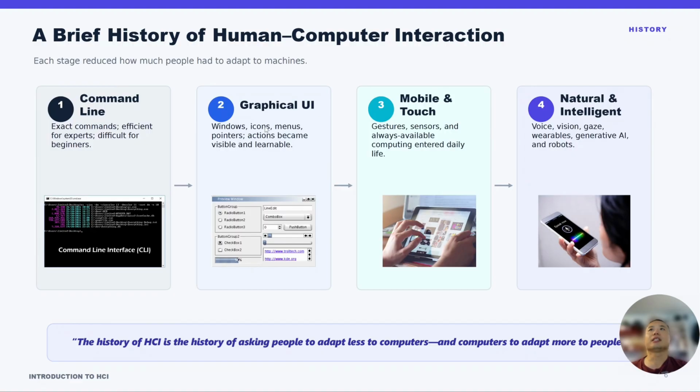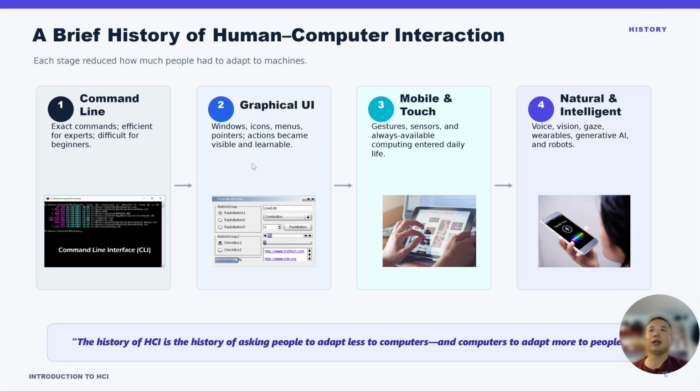The second phase is the graphical user interface, which has windows, icons, menus, and pointers. We use WIMP for short for this kind of paradigm.